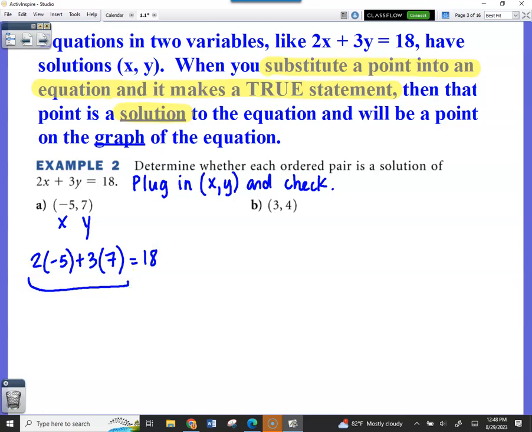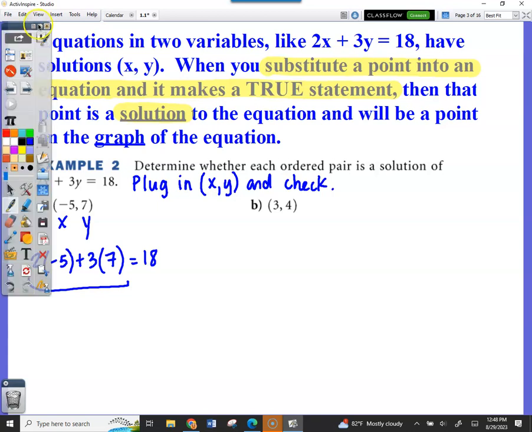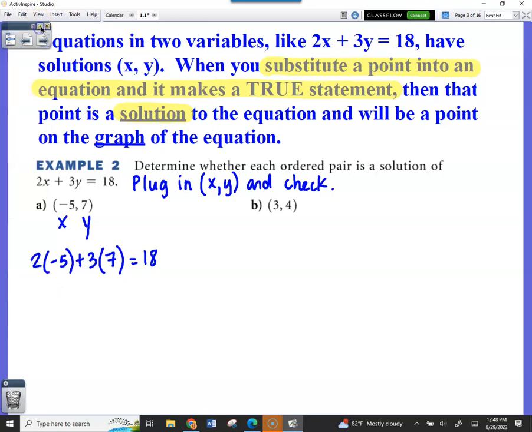Some people, when we get to this point, are not really sure what to do after that. You're going to evaluate the side that has stuff there that needs to be cleaned up. You could just type this in your calculator, or you could do it in your head. Negative 10 plus 21. It doesn't matter how you do it.